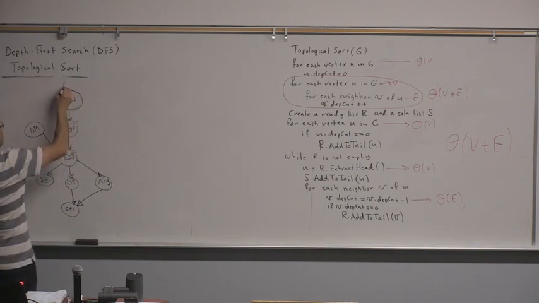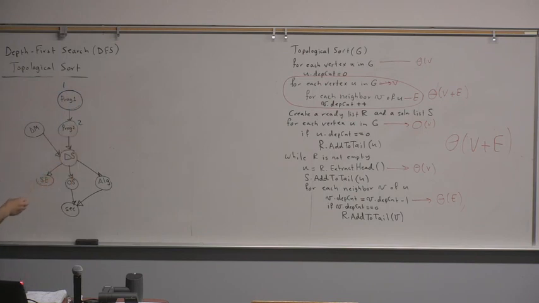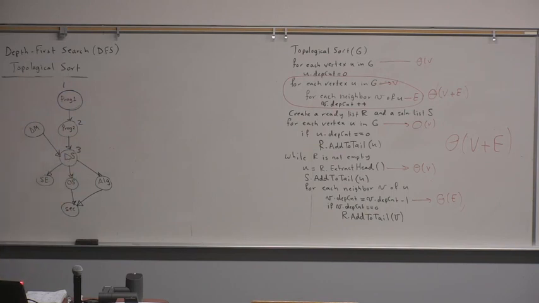So this is going to be number 1. We go to this. This is number 2. Then it has only one neighbor, so this is number 3. And this has 2 neighbors. Let's say we went to this, 4. Now we have to return, because this doesn't have any neighbors.